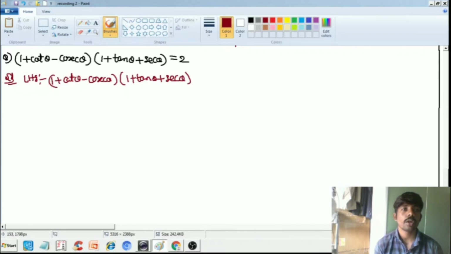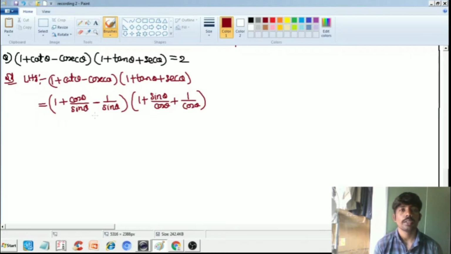Now we know cot can be written as cos theta by sin theta, cosecant can be written as 1 by sin theta, tan can be written as sin theta by cos theta, and secant as 1 by cos theta.